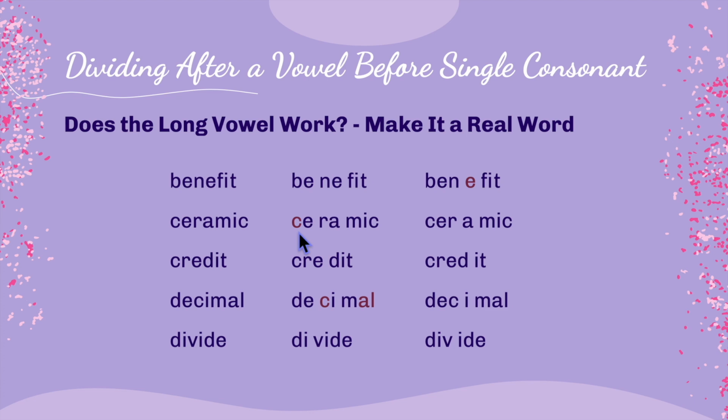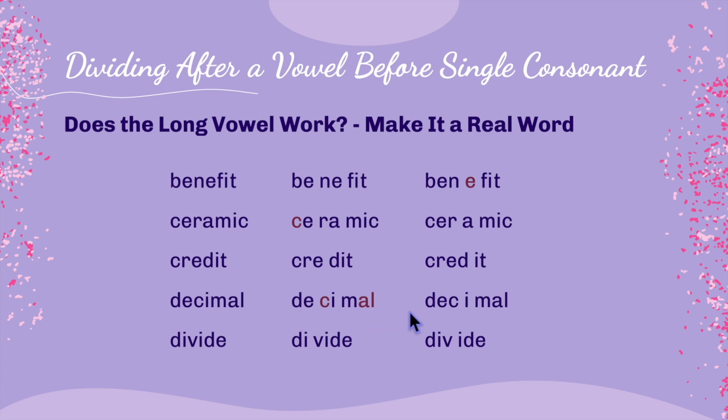This C will have its soft sound of S. Ceramic. I don't recognize that, so let's split here instead. Ceramic. I recognize that. Credit. I don't recognize that, so let's split after the D. Credit. Remember that this C will have its soft sound, and this AL will schwa.